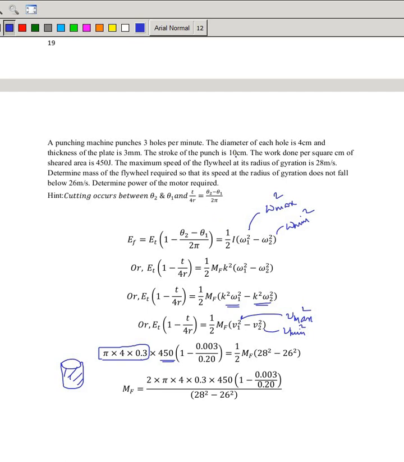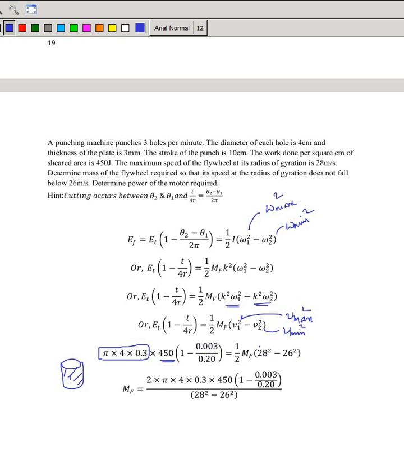Stroke is twice r, so r is 5 centimeter and 4r is 0.20 meters. The thickness 3 millimeter is 0.003 meters.